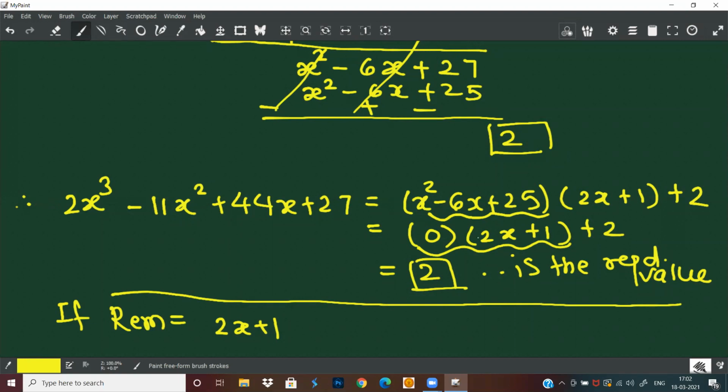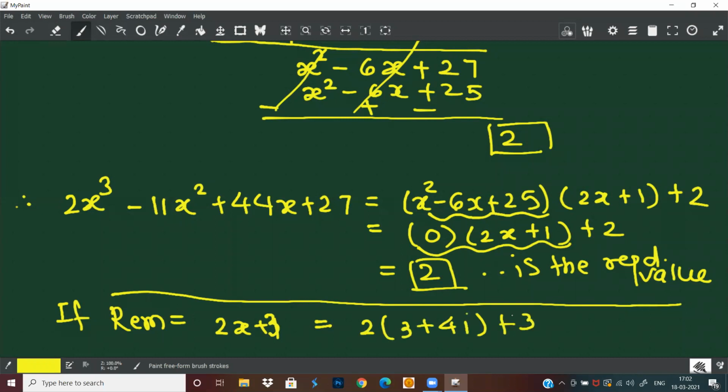Let me take 2x plus 3, otherwise we'll get confused with this part. If I had such a remainder, then you will write this plus, in place of the remainder, 2x plus 3, put in the value of x like this, and simplify.